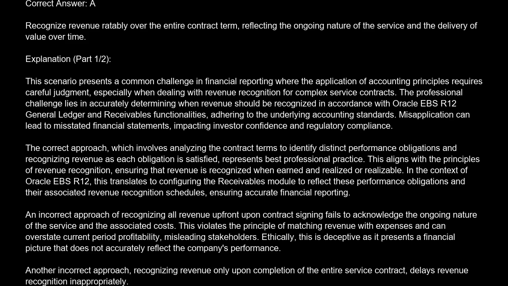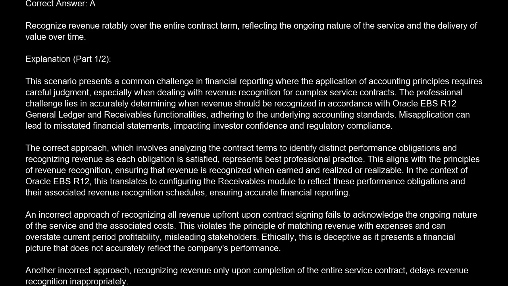An incorrect approach of recognizing all revenue upfront upon contract signing fails to acknowledge the ongoing nature of the service and the associated costs. This violates the principle of matching revenue with expenses and can overstate current period profitability, misleading stakeholders. Ethically, this is deceptive as it presents a financial picture that does not accurately reflect the company's performance.